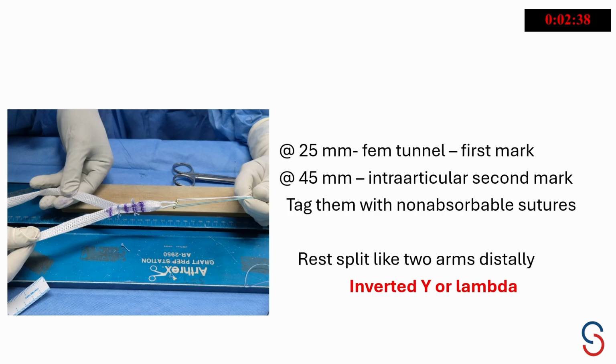Now you see that the first bit above the suture will go inside the tunnel. Between the first suture and the second suture is what is going to be intra-articular, which is going to sit over your PCL ligament.